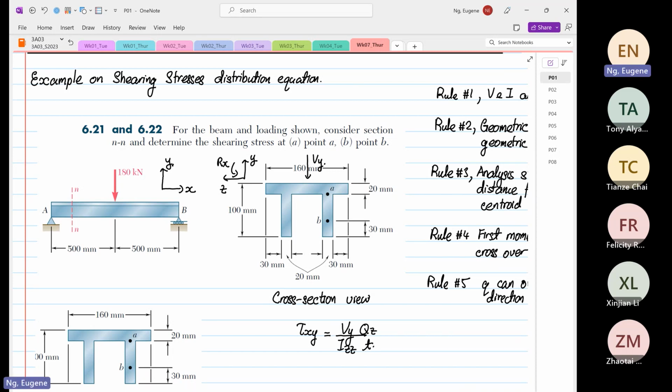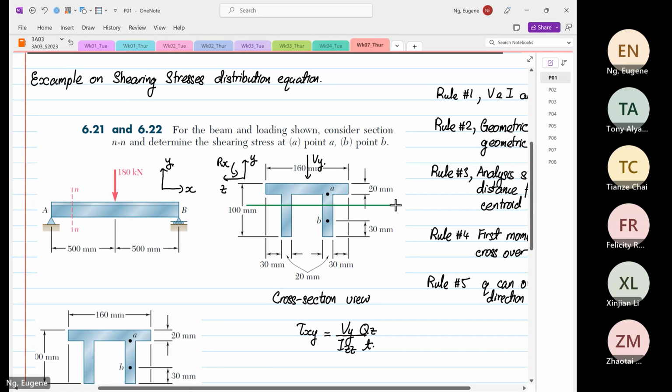Okay. So we know that over here, this is just a sketch. The horizontal line I'm drawing, this is our centroid.